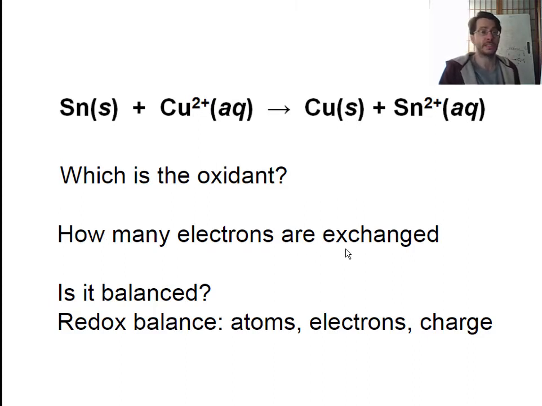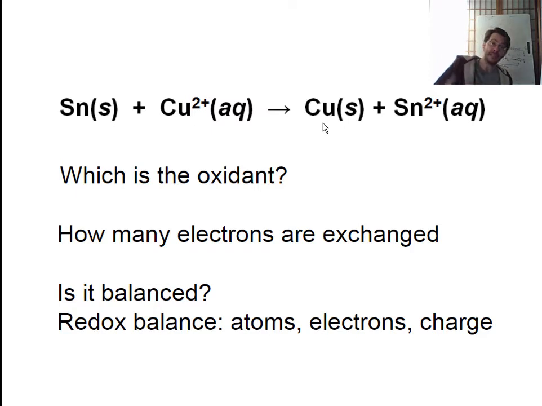Now here's a harder question. How many electrons are exchanged? Well, this tin has to give up 2 electrons. And it turns out that the copper also gains 2 electrons. It goes from +2 to 0, so it gains 2 electrons.